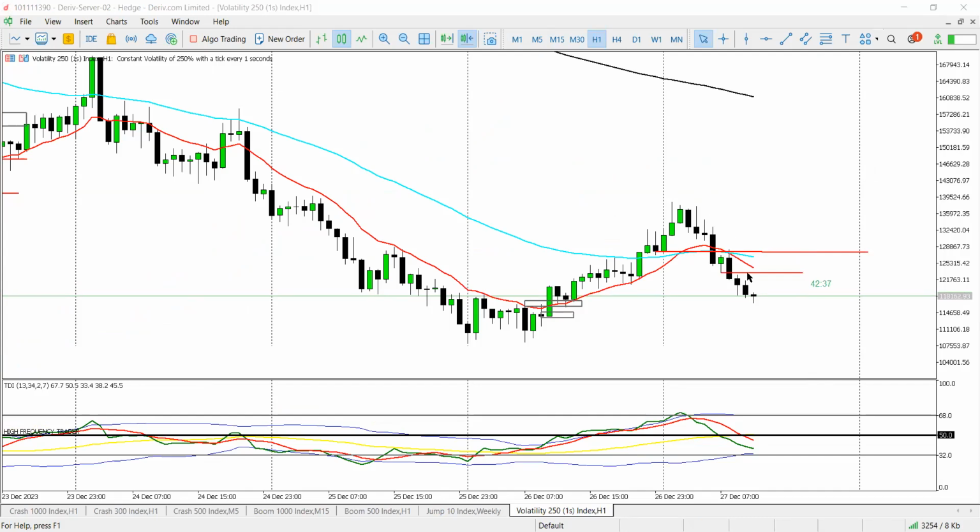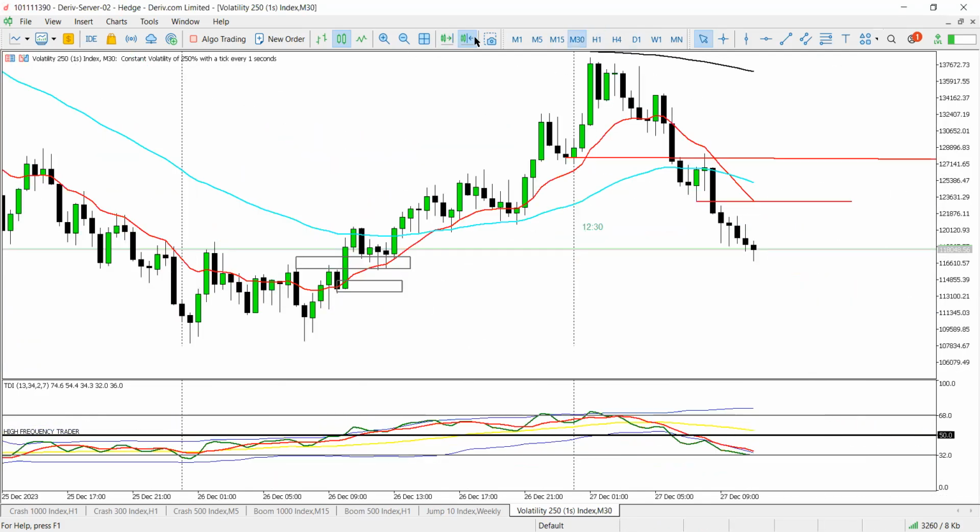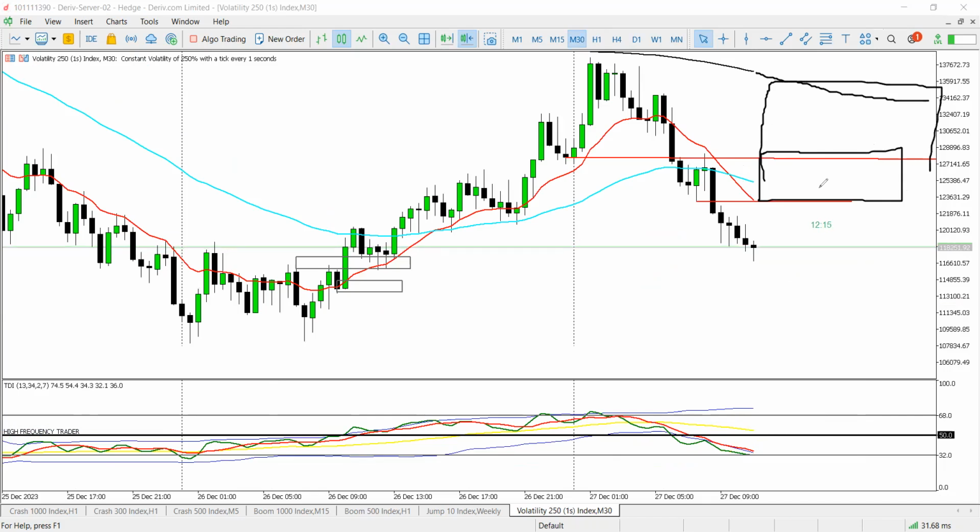So V75 or V250, I'm looking for a retracement, right? If the retracement comes within this area, I'll be looking for a pattern, or they might even come to the 200 EMA. So in this area here, what am I looking for?